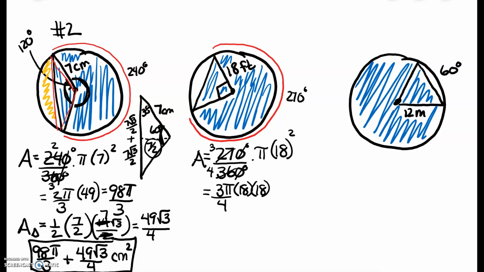I know 2 goes into both 4 and 18, so I get a 9 here and a 2 here, and then a 2 goes into this 9 times. So 9 times 9 is 81. 81 times 3 is 243 pi.